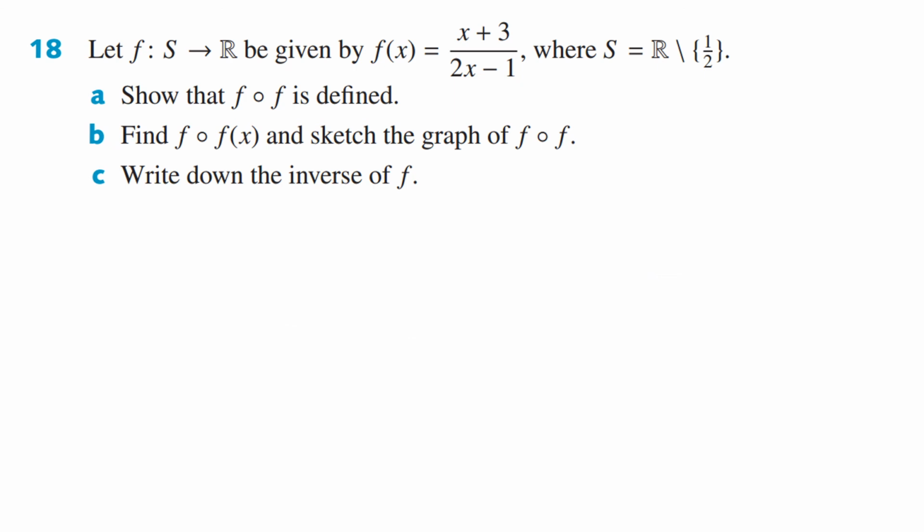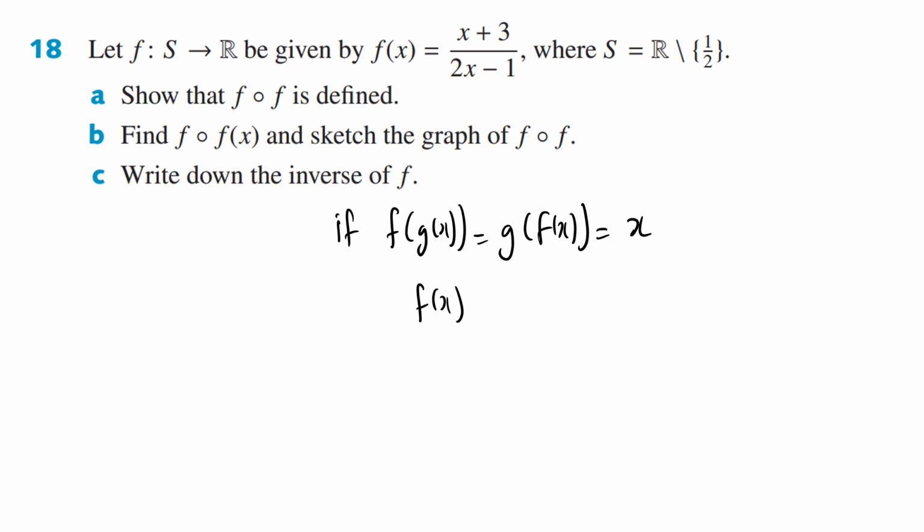And so we get to the last part. This turns out to be the easiest part because we know that if f of g of x equals g of f of x, which is equal to x, then we can say that f of x is the inverse of g of x. Well, in this question it's even easier because we already know that we're finding f of f of x.